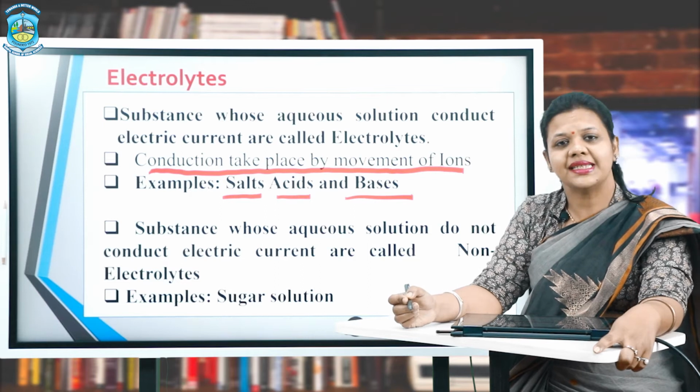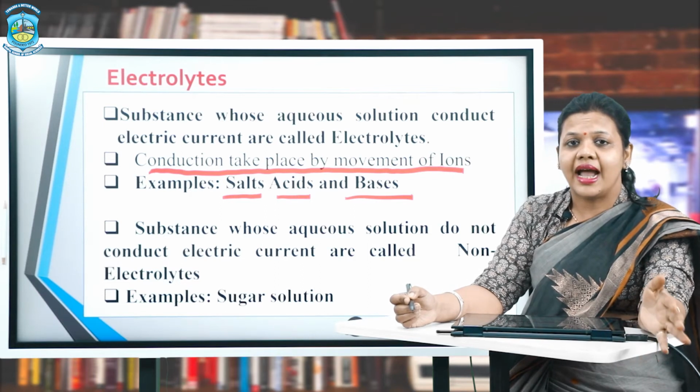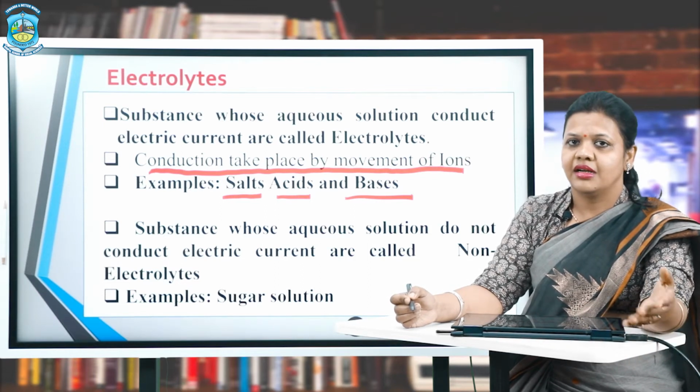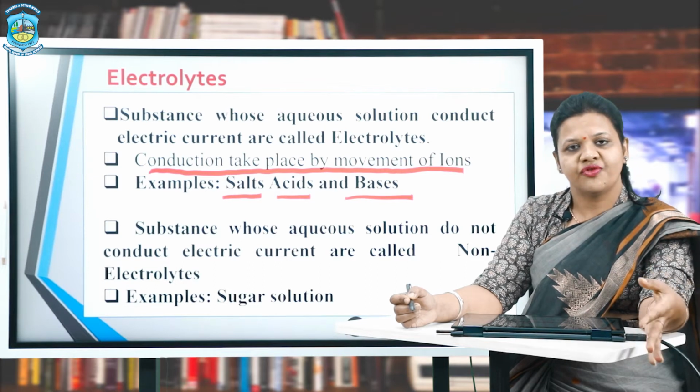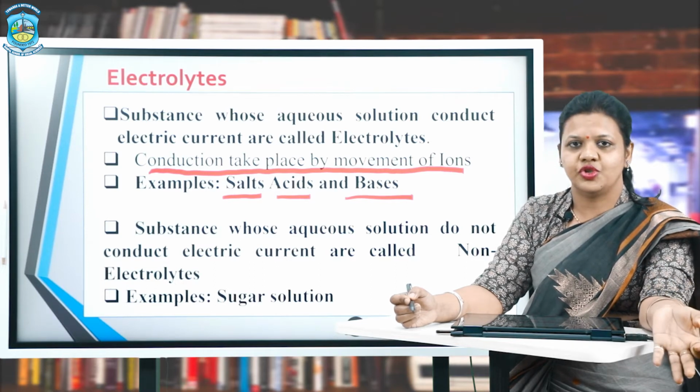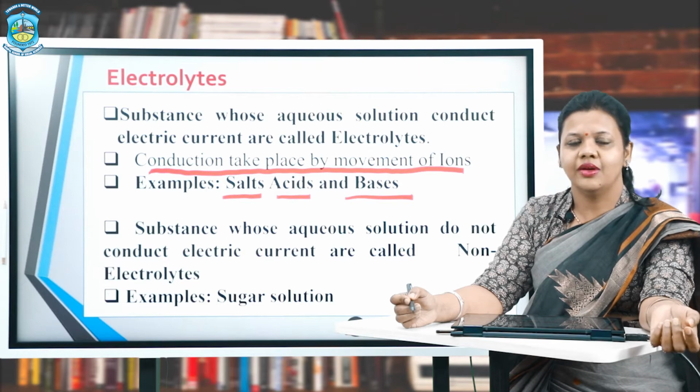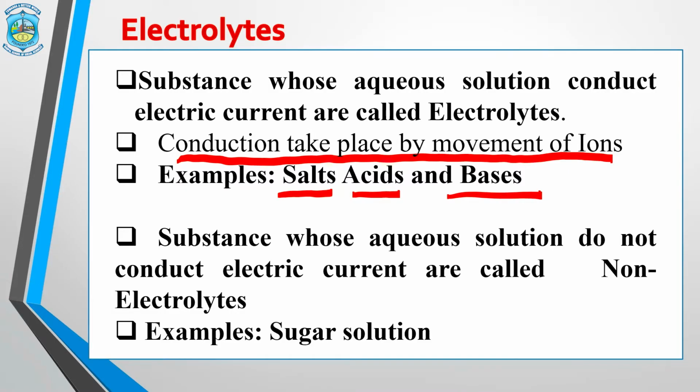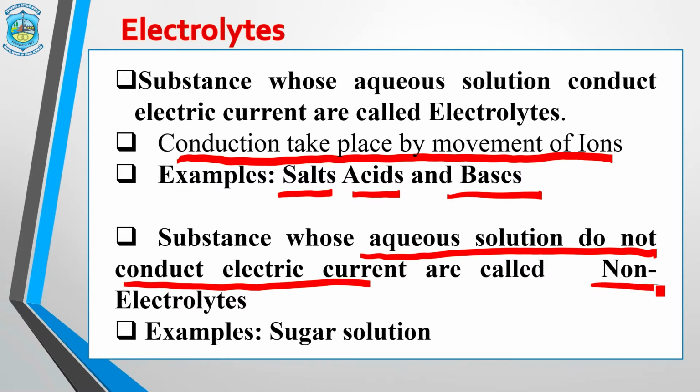So, we may say that ionic compounds are substances which form electrolytic solution when dissolved in water, whereas substances whose aqueous solution do not conduct electric current are called non-electrolytes. Example, sugar solution.